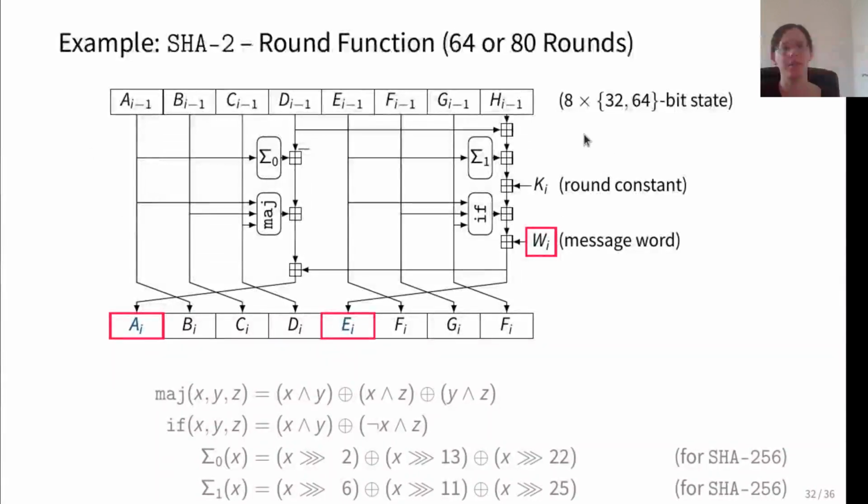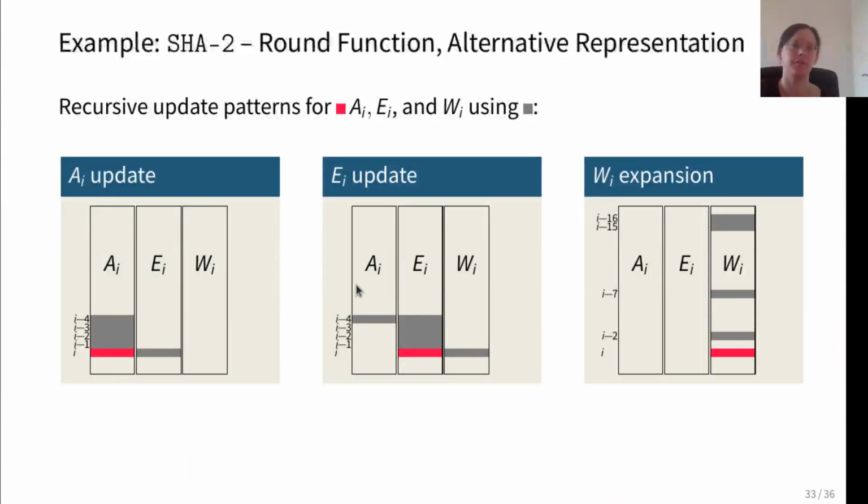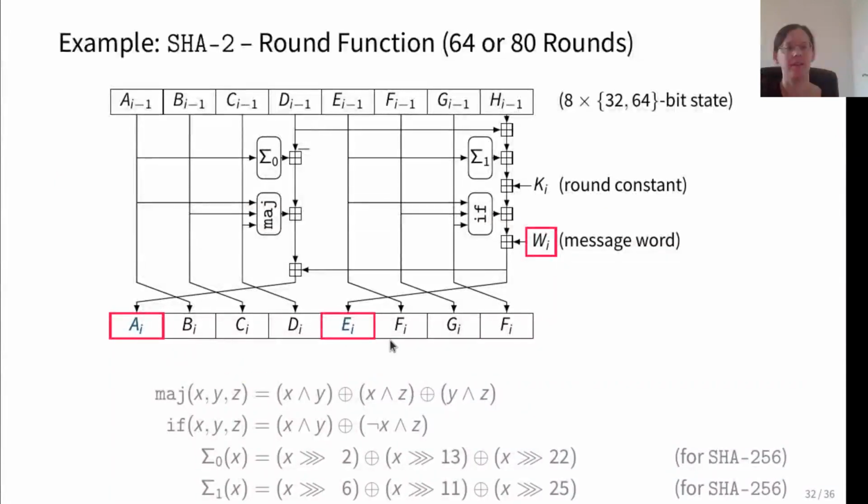Now, the good thing about this description is that, since only 2 words are actually updated, it can be represented more compactly in an alternative representation, where we only write down in each step the current value of the message word. So that's this one here. And the current value of A and E, where A and E are those 2 words of the state that are actually updated.